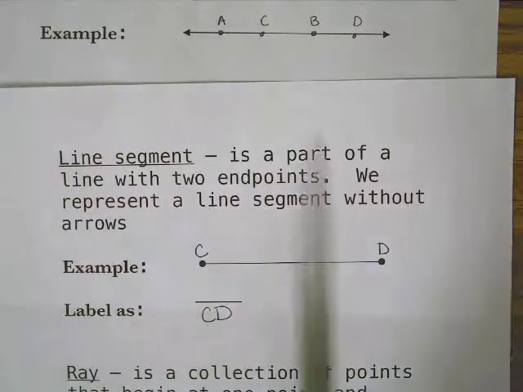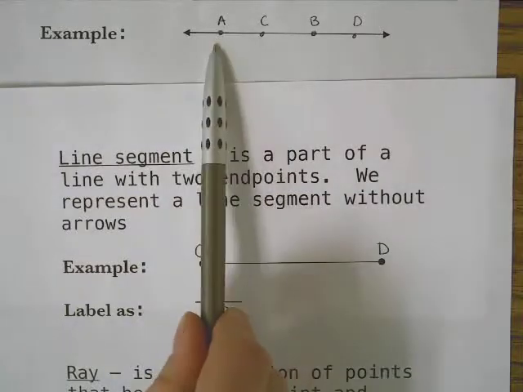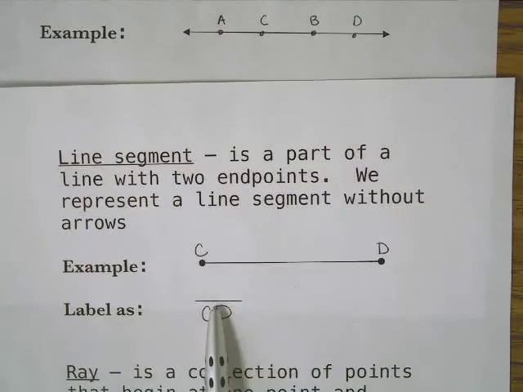But inside of a line, there are line segments because there's a stop point and a start point. So you may be given a line and they may ask you to label the line segment in that line. So the stop point and the start point, we label it without arrows.